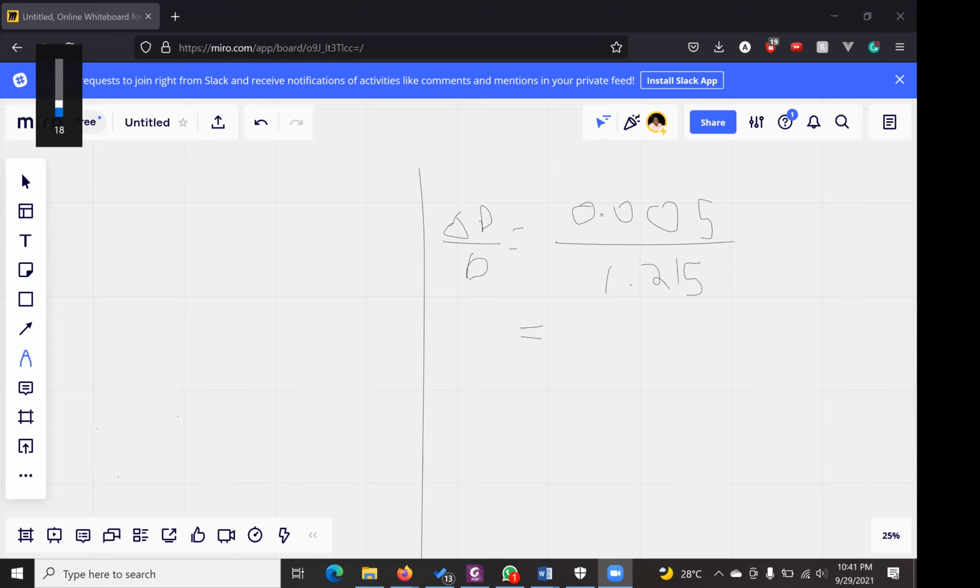Working it out, just a minute. 41.15. Which question is it? Number 7, I think.